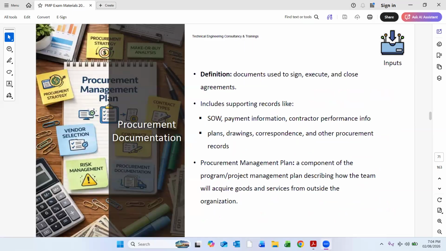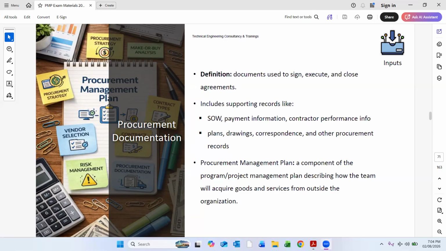So procurement documentation. How to document the procurement part of the project, like documents used to sign, execute, and close agreements. So procurement is about those documents which need to be signed, executed, and closed. The agreements are being closed. Including supporting records like scope of work, SOW, payment information, contractor performance information, plans, drawings, correspondence, and other procurement records.